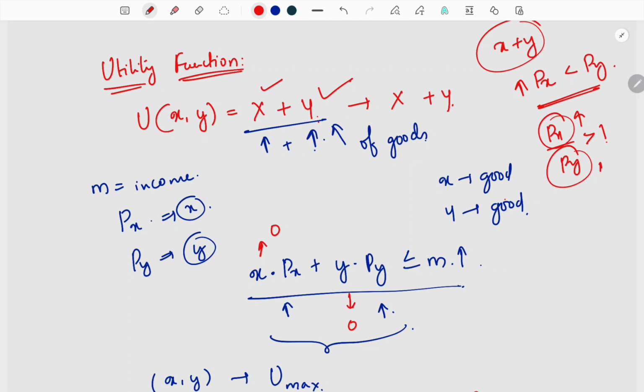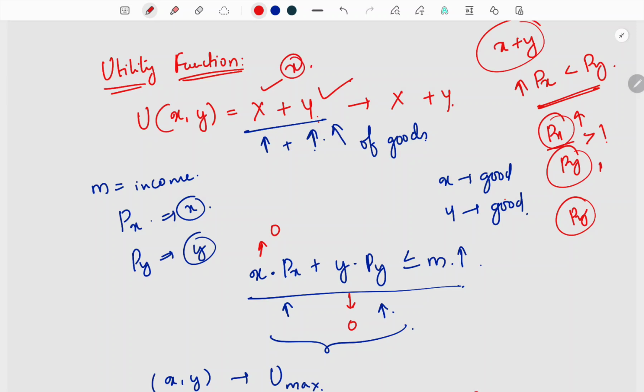And in this case, it's better to consume y, right? Because the px value is more, the amount of x you get is less, and at the end you will get less x in this utility function.